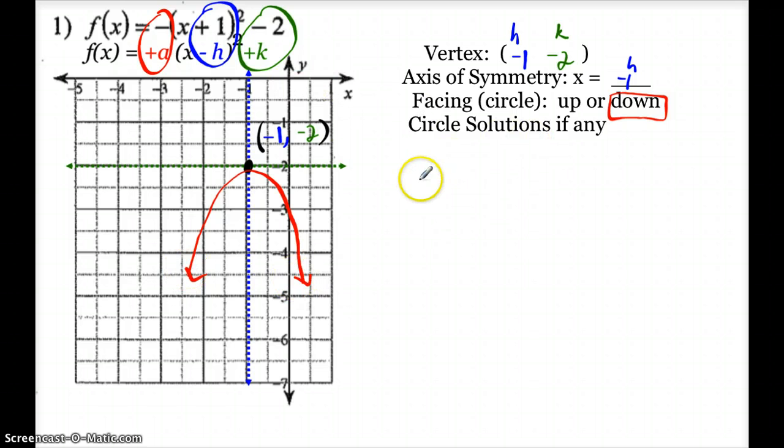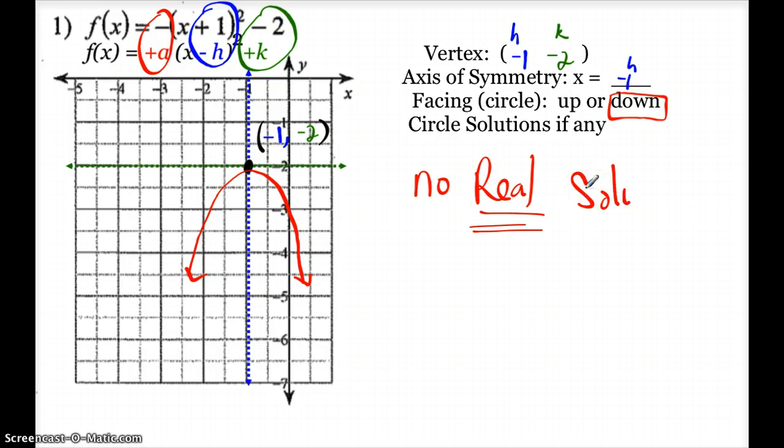And it's not going to have any real solutions. Real solutions are anywhere that it crosses the x-axis, and it doesn't touch this line at all. No red crosses, so no real solutions. Again, if you were paying attention during Wednesday's lesson, we will have imaginary solutions, which we will cover next unit in Unit 9.